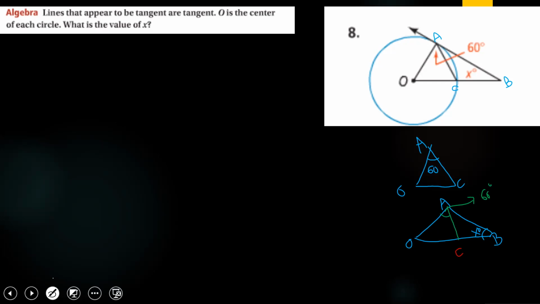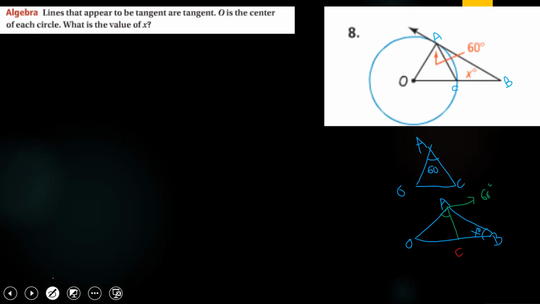We know that angle OAB is 90, and then we can use the exterior angle theorem to find angle AB, and then we'll find A because they add up to 180. So the first step, here, AB is tangent to a circle with a radius O. So it is perpendicular to a radius OA.